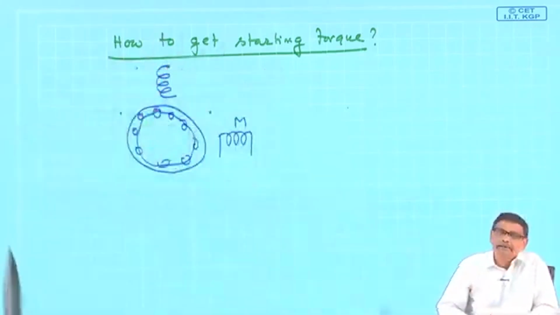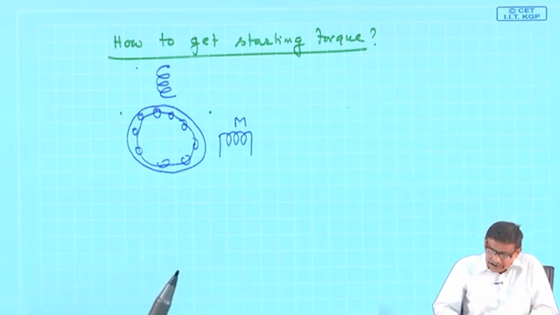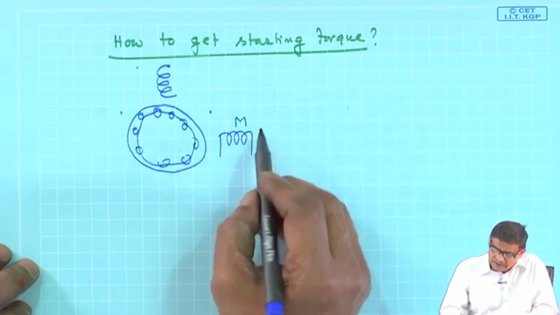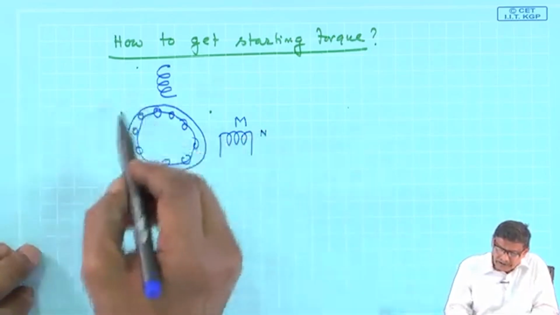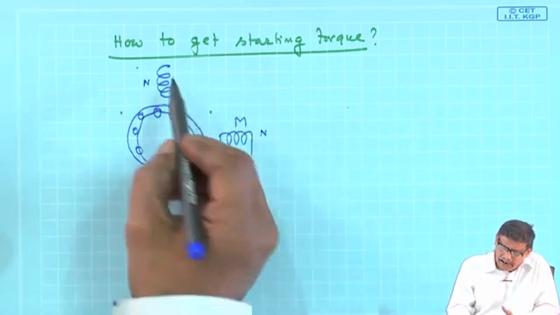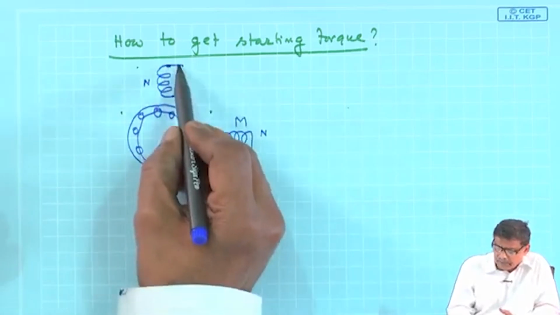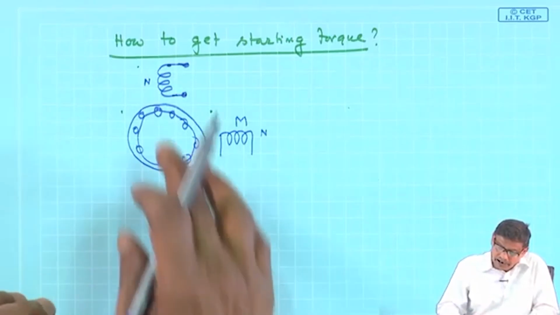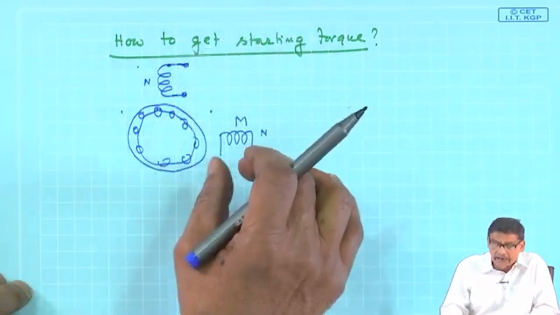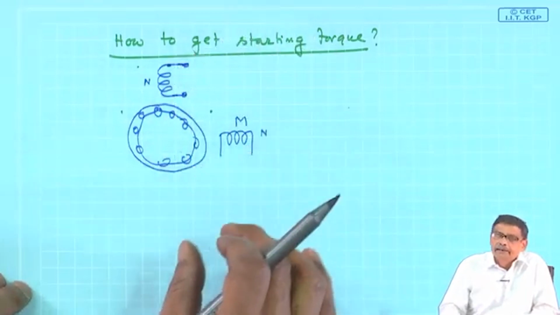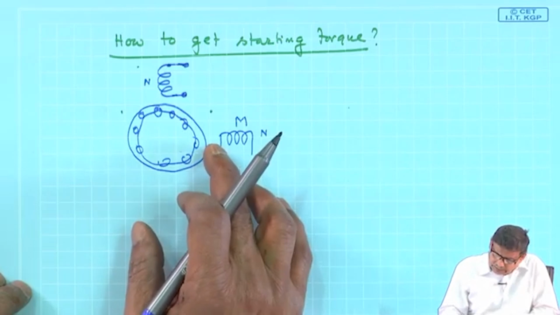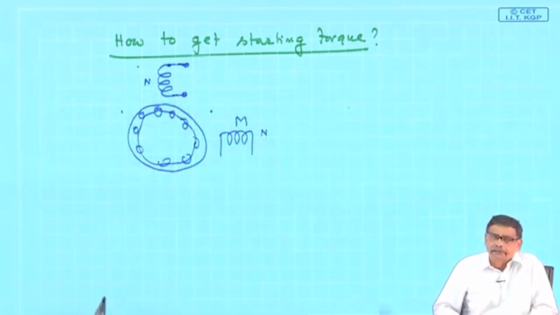Physically, the machine must be wound like a 2-phase induction motor with the main winding having some turns N, and this also having some turns N. These two windings I will connect in parallel across a supply, so that both the windings will now carry current.